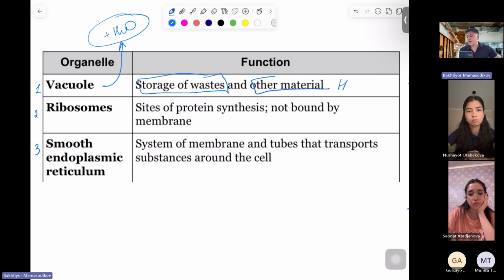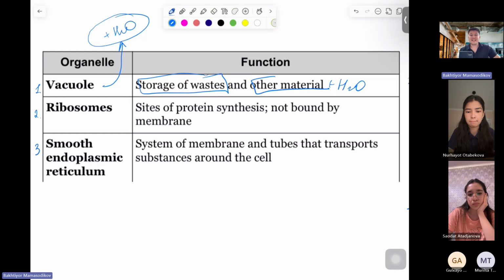And other materials. For example, the water is going to be contained in the plant cells because in the plants we have the leaves, we have the body parts, right? All of them contain the water. If there is no water, they're going to dry.